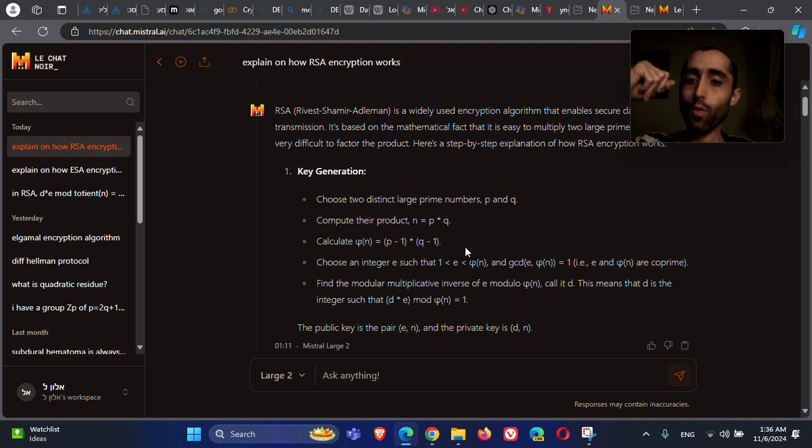Now the public cannot get the totient of n and cannot calculate d from e to decrypt, because it's very hard to factor a very large number, which should be n. So it's very hard to get the totient of n, so it's very hard to calculate d, the inverse of e, and this is where the security of RSA lies.